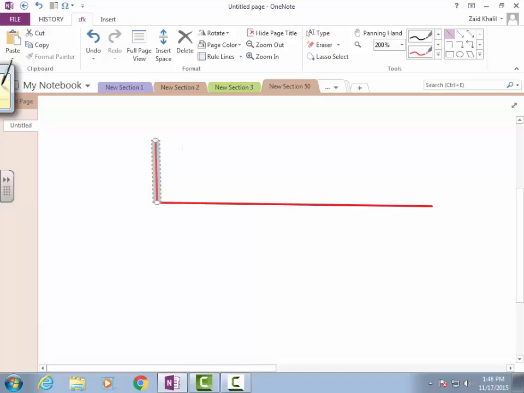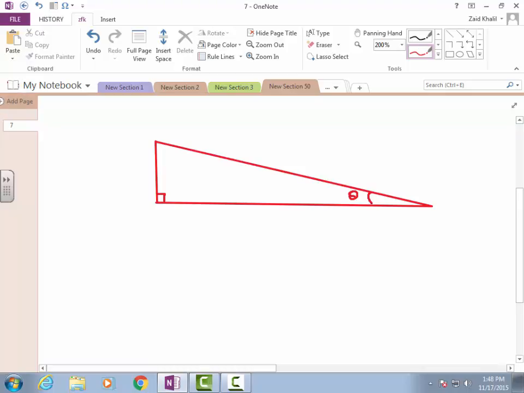I have yet again failed at doing another thing. So, call that theta. Call this the right angle. Okay? And what else? Oh, we need to put something on there. We put a block.